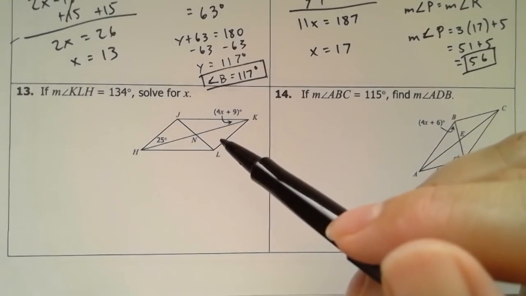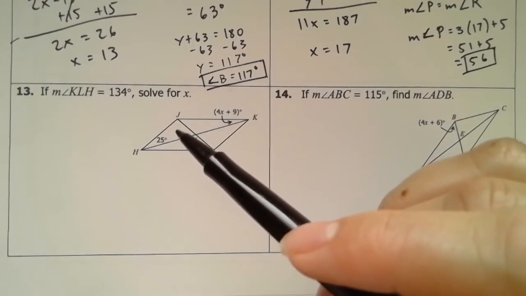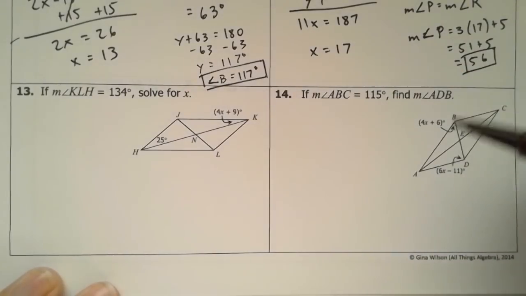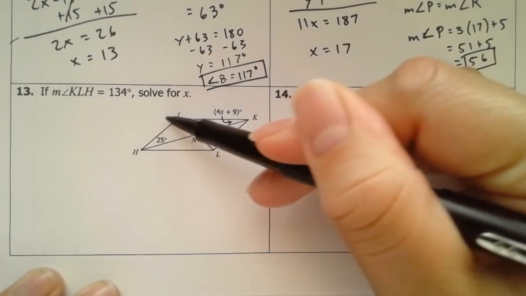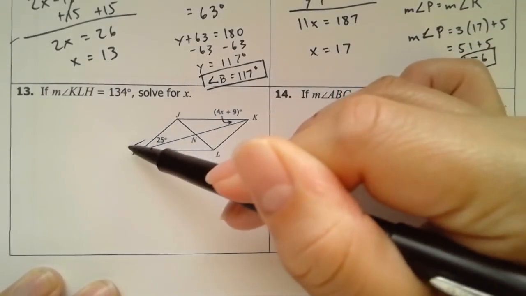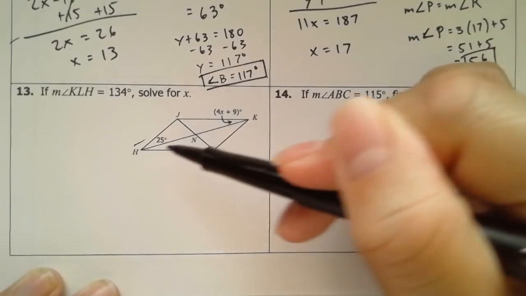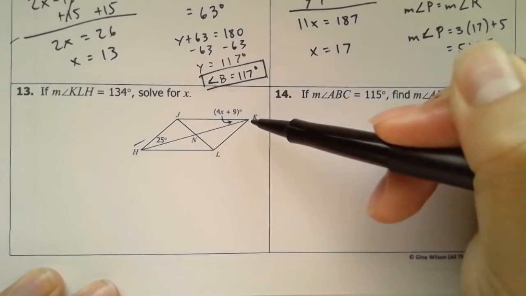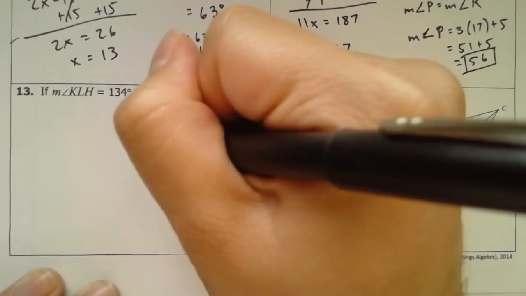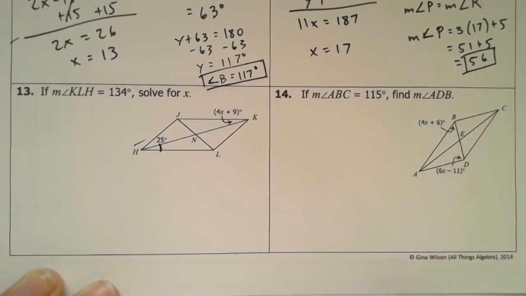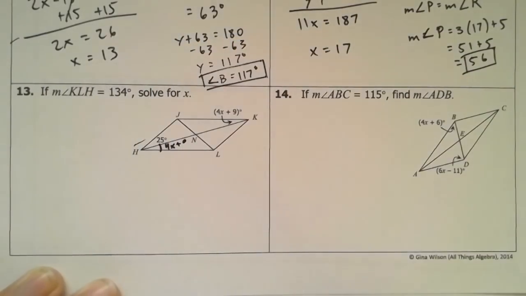Let's use alternate interior angles here. If I consider these here as my parallel lines, this line here is my transversal. So this angle 4x plus 5 with this one here are alternate interior angles. So this one is also 4x plus 9.